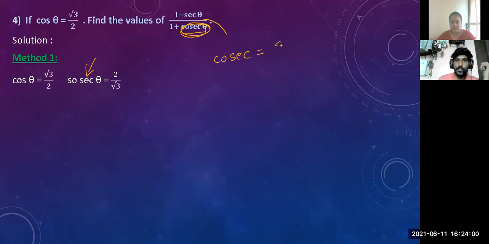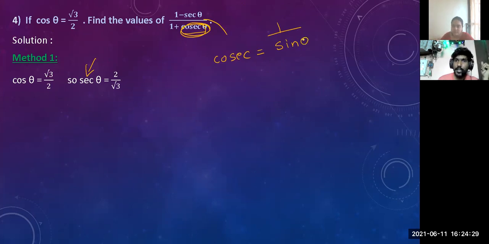If we have to use the trigonometric identities, then for cosec we need cot. But cot is not there anywhere, and it is difficult to find cot. For cot, I need tan, and for tan, I need sine and cos. So it's difficult to use that identity.